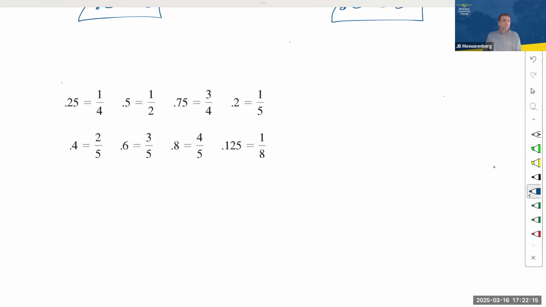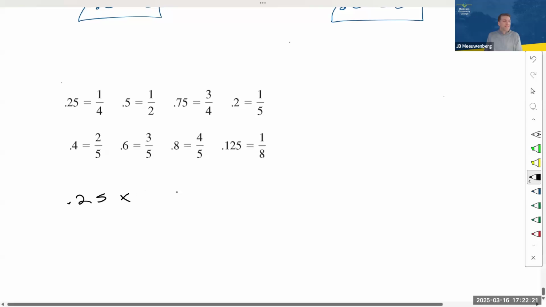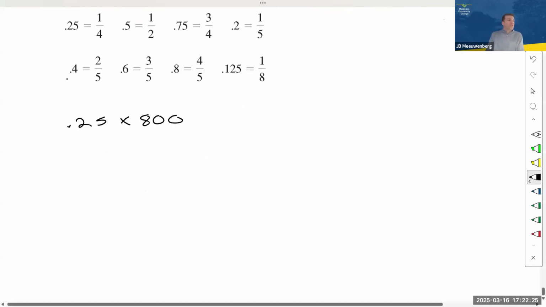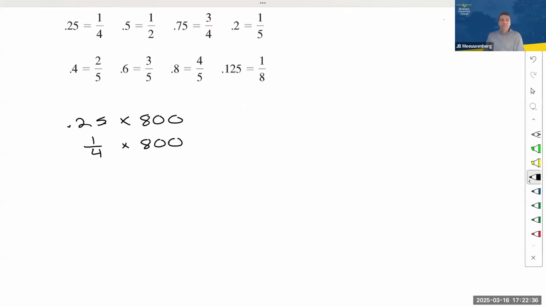Here's an example. Imagine you have to multiply 0.25 times 800. Knowing that 0.25 is equal to 1/4 allows you to consider this instead, 1/4 times 800.